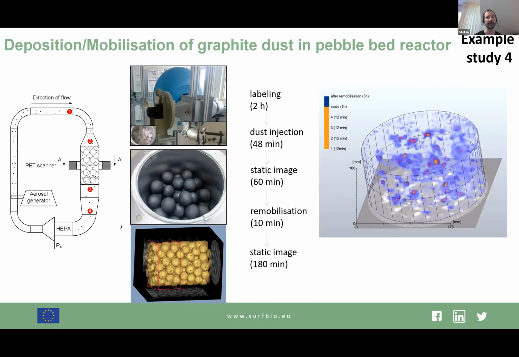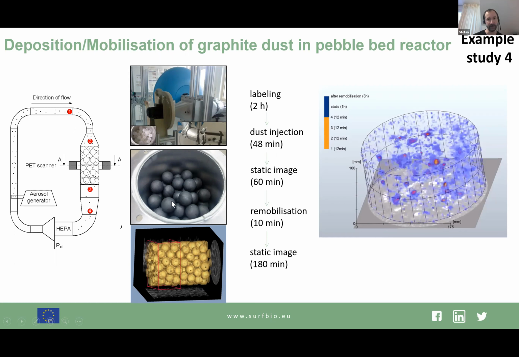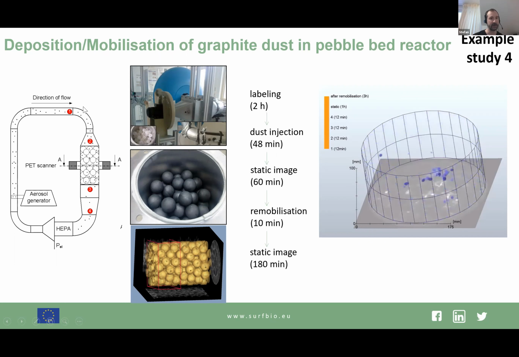So using positron emission tomography, here you can see our positron emission tomography. These were the pebbles, and basically in a circular flow, these particles were run through this pebble bed.